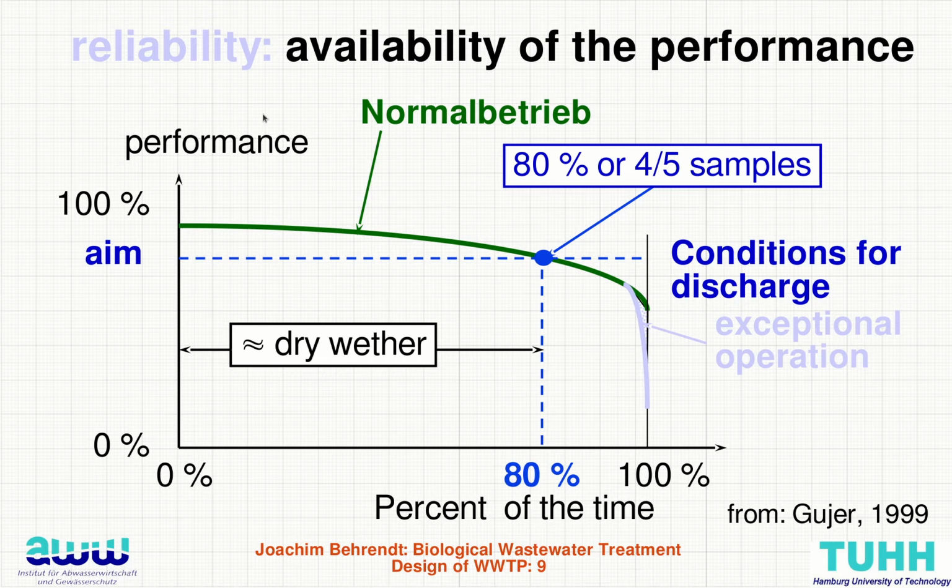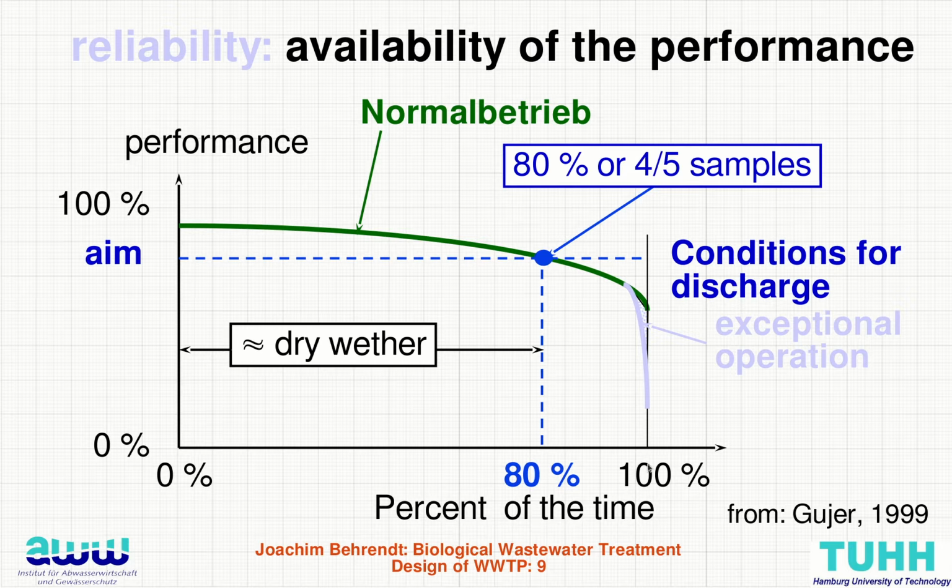Now we have here to think what parameters we are using normally. Also in Germany and in Switzerland we have the 4 out of 5 samples rule. This means for the collection we are collecting 5 samples, and 4 have to be under the control values.